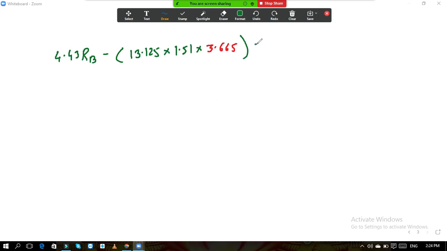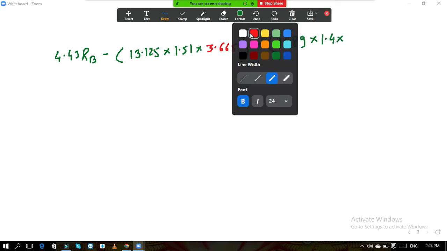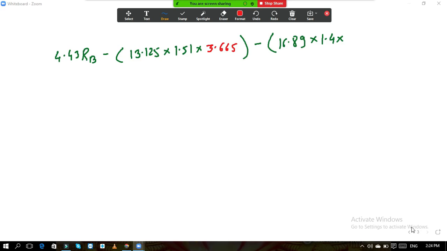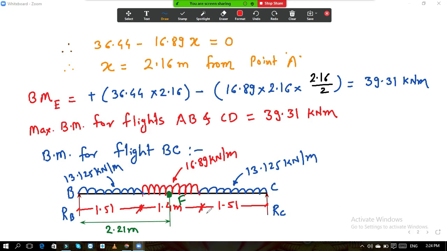So again minus, it is moving in anti-clockwise direction. 16.89 into 1.4 into, what is the lever arm? It is 2.21.